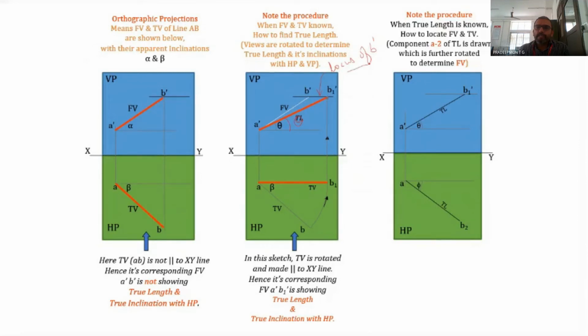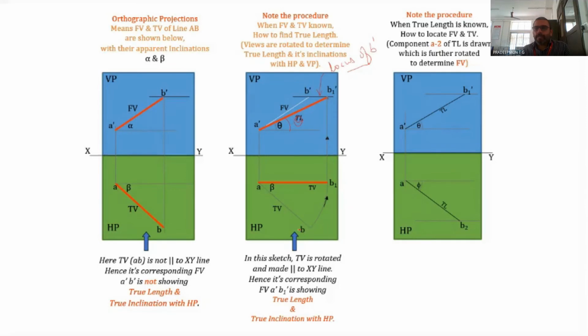Same, we are just reversing it: a horizontal line through B1 dash, parallel to the XY line, is the locus of B dash. And likewise, we draw the locus of B also. As I said, if B dash and B1 dash lie in the same horizontal line, B and B2 should be lying in the same horizontal line.